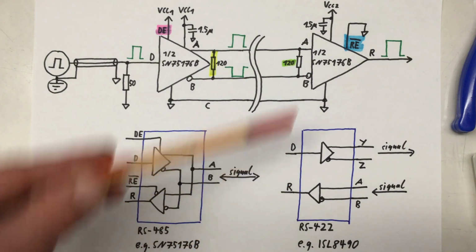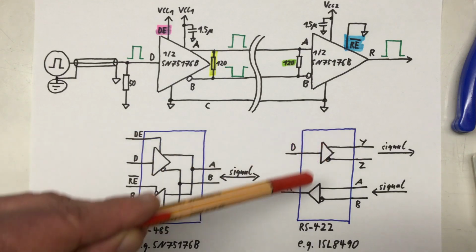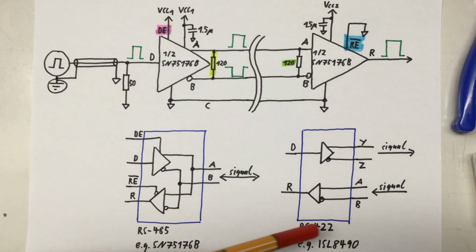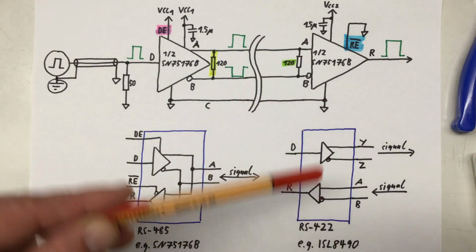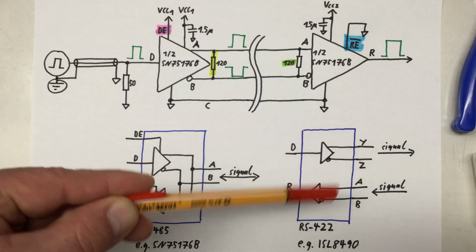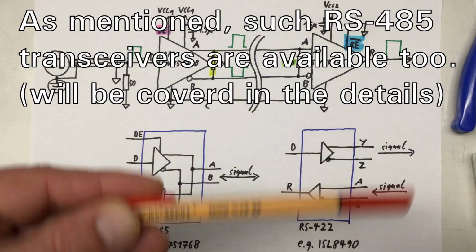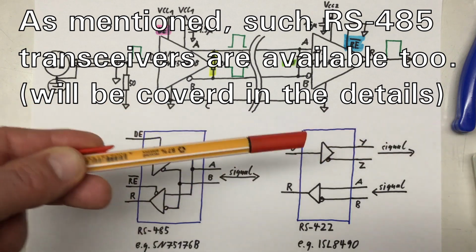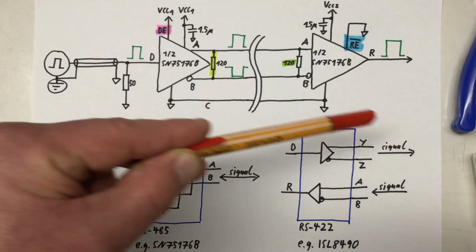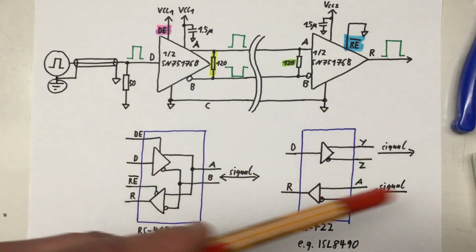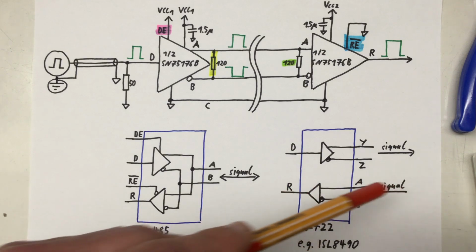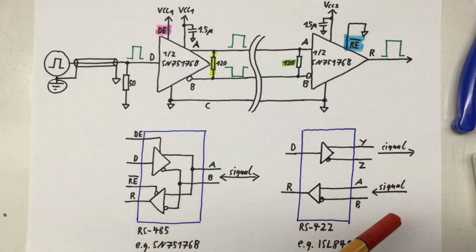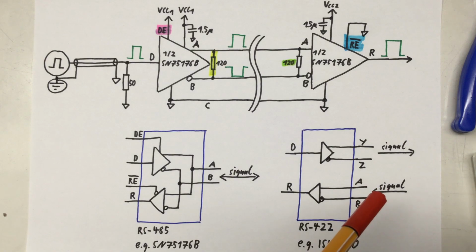In contrast, the transmitter and the receiver in an RS-422 transceiver are completely independent from each other. That is, the transmitter is constantly transmitting a signal on its own differential pair, while the receiver can constantly receive a signal on its own differential pair.